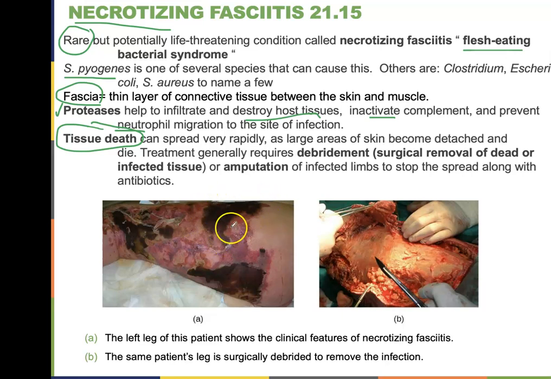Once you see necrotic tissue, it's not going to come back, so most of the time you have to take it away from your body. That's called debridement, surgical removal of the dead infected tissue. If it's severe enough, you might even have to amputate the limb so that the bacteria can stop spreading, because we know it can spread very easily.